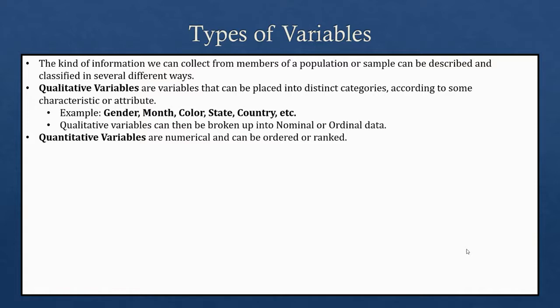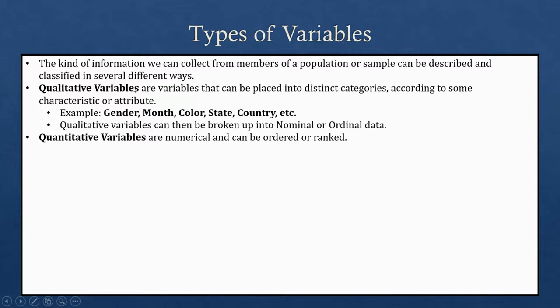The big exception here is any kind of number that doesn't really correspond to a size of something. The go-to example for this would be a zip code. Everybody who has an address has a zip code, and that zip code is always numerical, but zip codes actually refer to geographic locations, so they fall under qualitative variables.